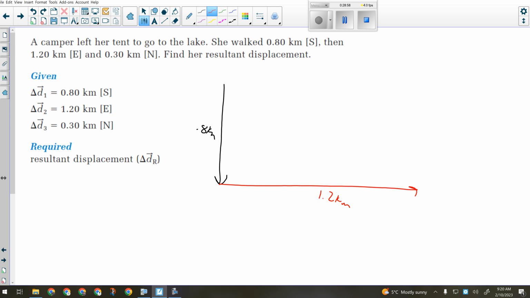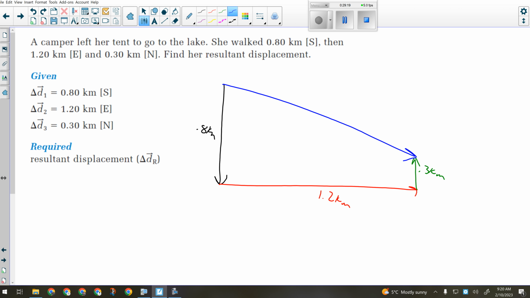And then she went 0.3 kilometers north. So that means our resultant, her total displacement, is this blue line here. I saw that on basically everybody's sheet.